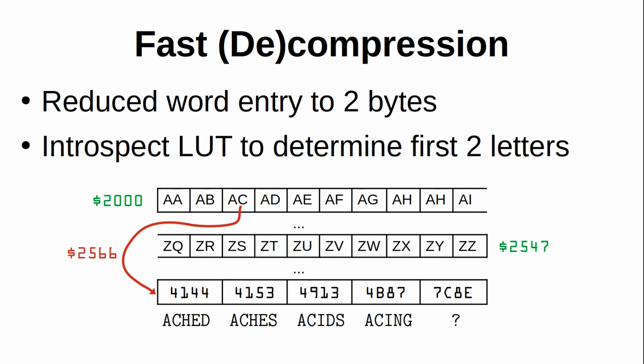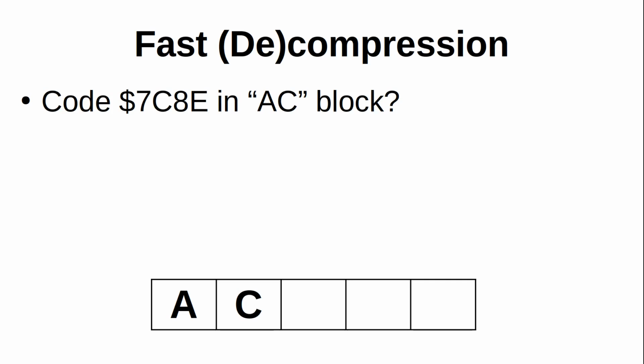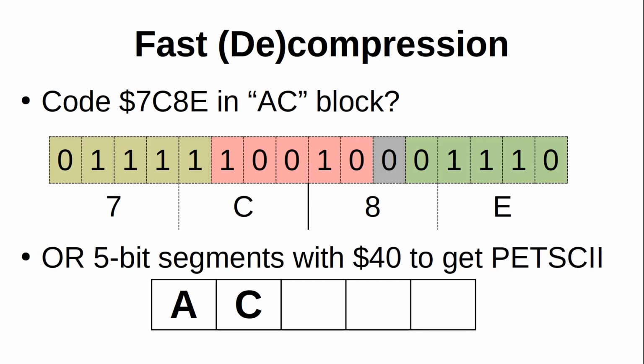7C8E. Neither 7C nor 8E are PETSCII codes, because there are actually 3 PETSCII codes embedded in there. But when we want to decode this, we already know the first 2 letters are going to be AC just by virtue of where it sits in the table.